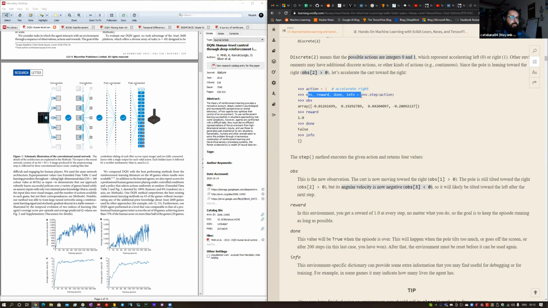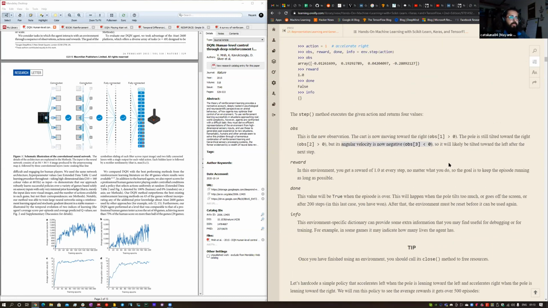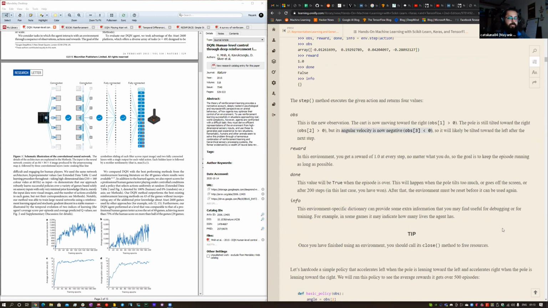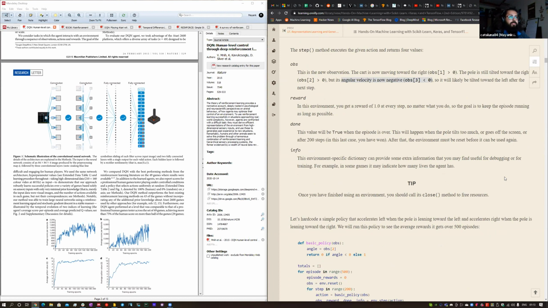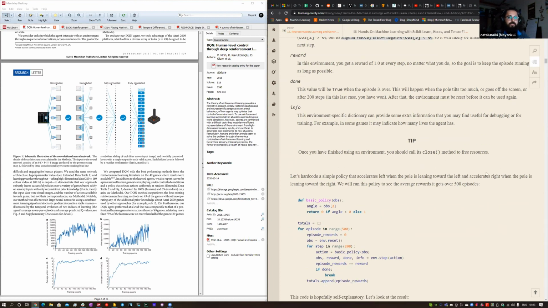These are the parameters that we get, and they are printed here. Then the step returns these 4: the observation, the reward, done, and the info of the environment. It's pretty easy for the audience that we have here, so I won't go into the detail.